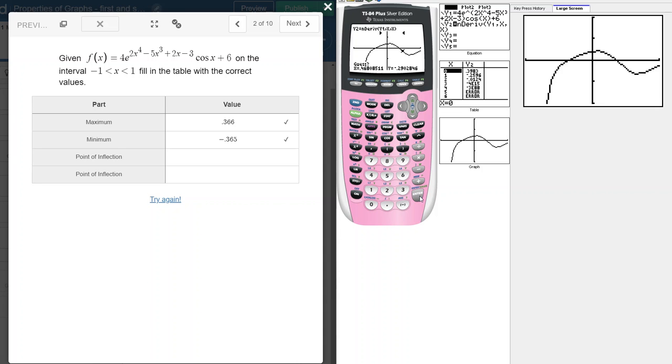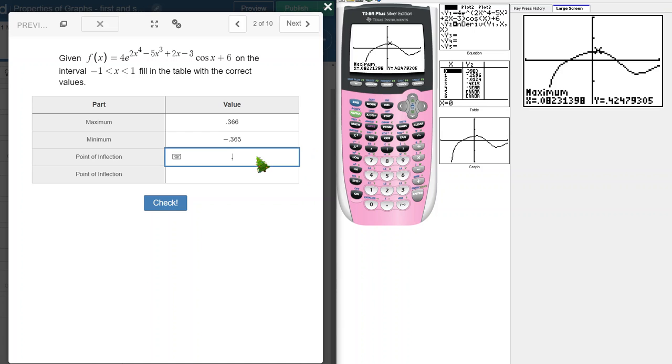That's definitely on the right. I feel good about that. And we don't want to go too far so that you could get multiple maximums. This is plenty of space to narrow it down in here. When I hit enter a third time, it says our maximum is at 0.082 if we're rounding to 3 decimal points.